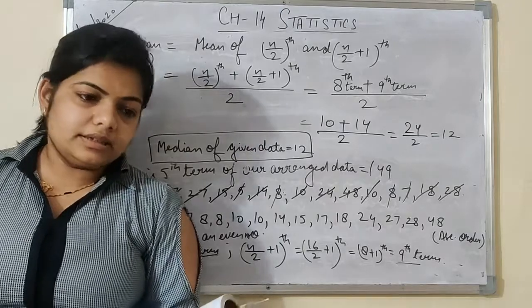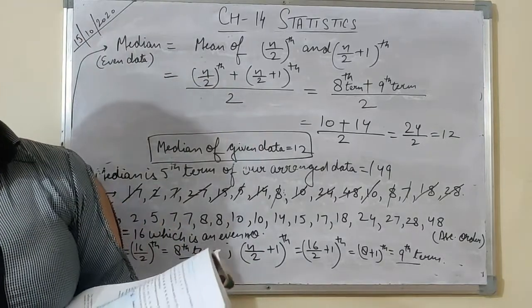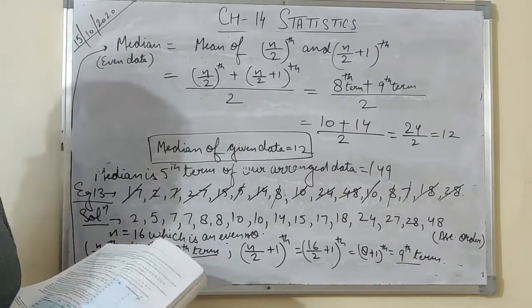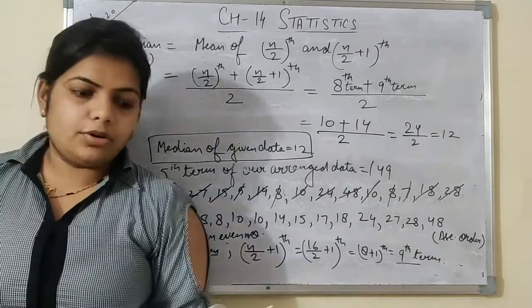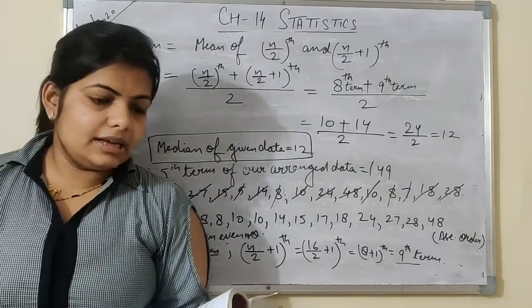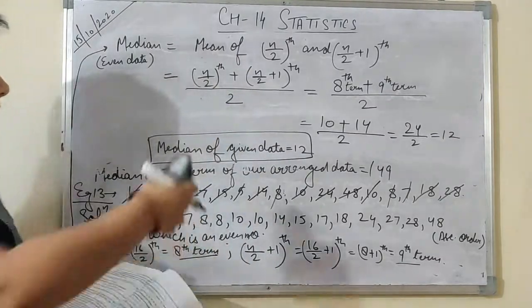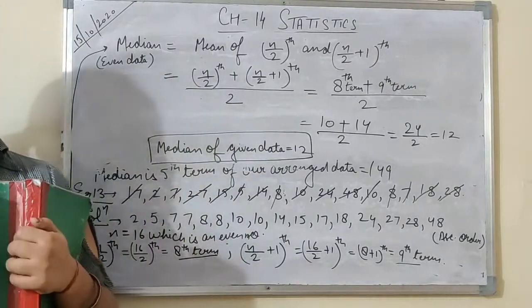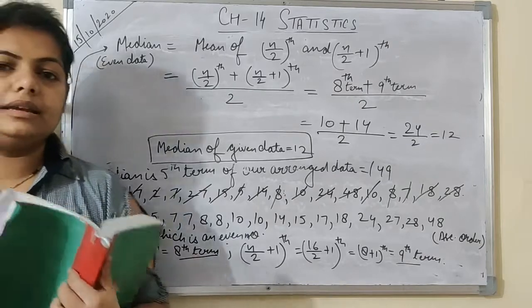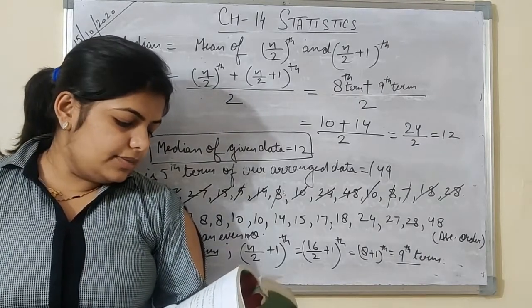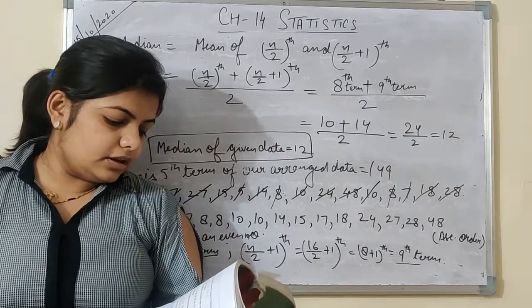For that you have to arrange the data in ascending order and find n. If it is odd, apply the formula n plus 1 upon 2th term, and that will be the answer. If it is even, then apply the other formula. Then for mode, whichever number is occurring more frequently will be the answer. I think you will be able to do example number 15.